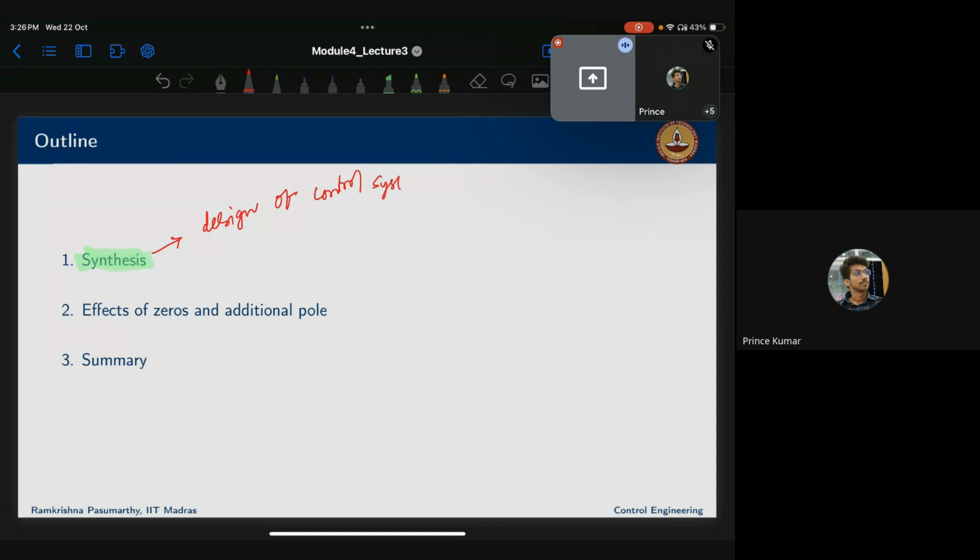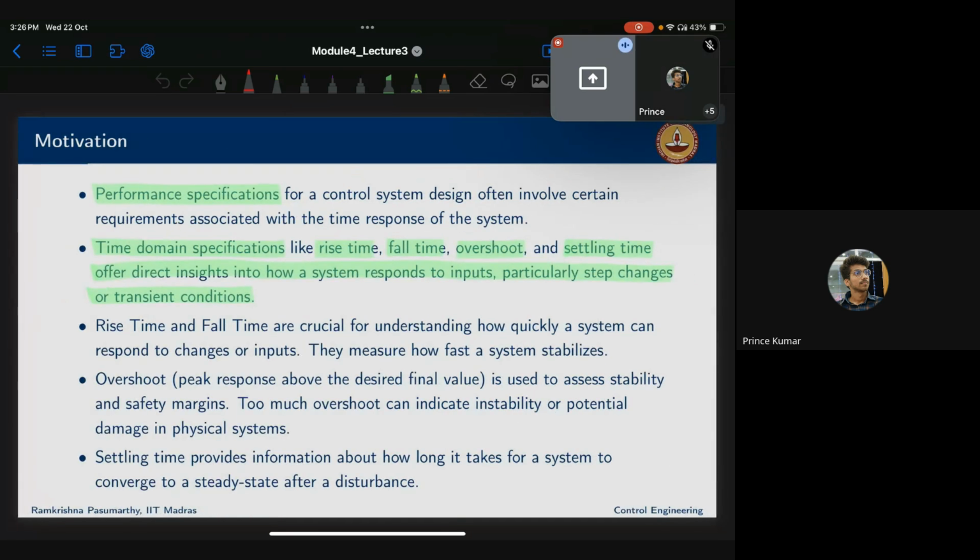So what exactly do we need to do? The motivation here is that we define something called the performance specifications, or time domain specifications, of the control system.